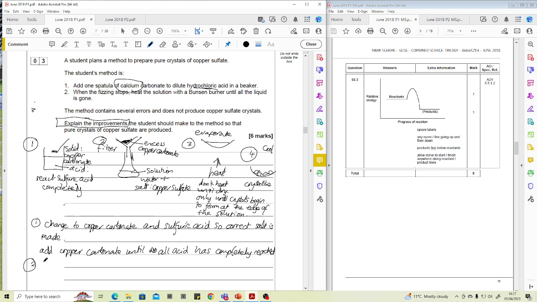Okay, and then in step 2 we're going to filter to remove excess copper carbonate. So the solution contains only water and copper sulfate.